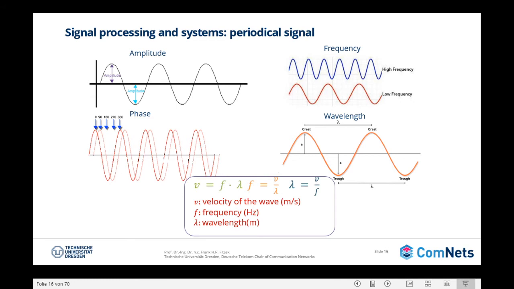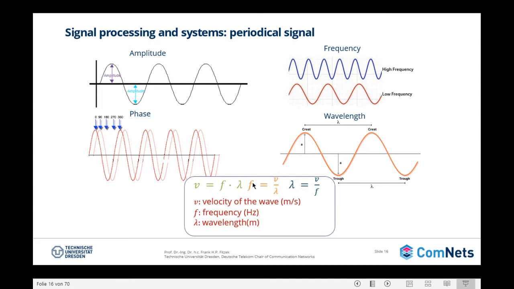If we know all those four properties, we can establish the velocity of our propagating signal. The velocity of a propagating signal is the product of the frequency by the wavelength.